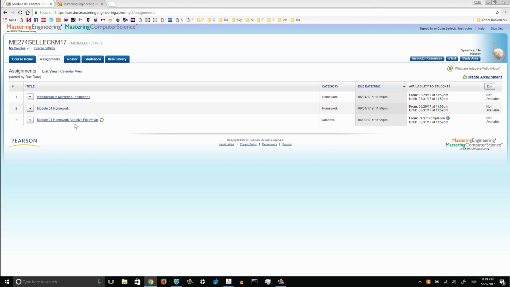Now for each of the homeworks, I do an adaptive follow-up that's due 2 days after the homework's due. And that is a specially designed module just geared towards the individual student to help reinforce areas that they may be weak on. So you can receive credit for that as well. So both of those are required, the module homework and the adaptive follow-up.